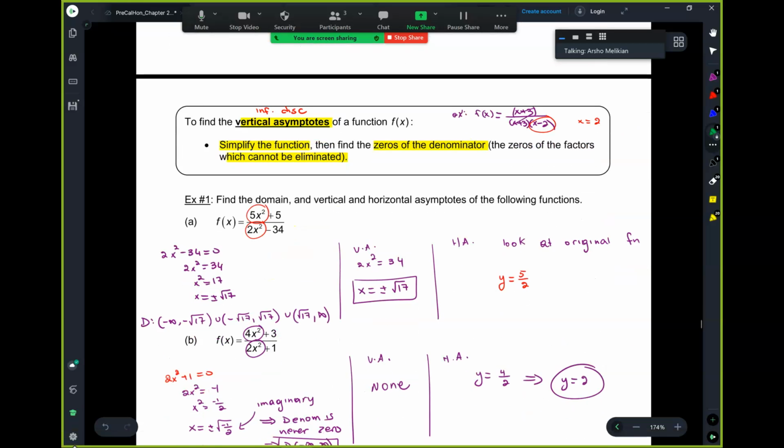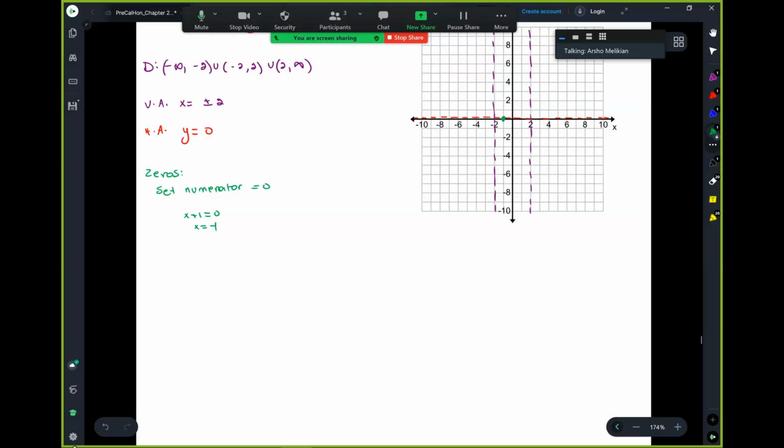So you can still cross. You can have a horizontal asymptote like this. The graph is bound to follow the asymptotic behavior, as we call it, but then it can cross. It can cross 1,000,000 times as long as at the very end it follows the asymptote.